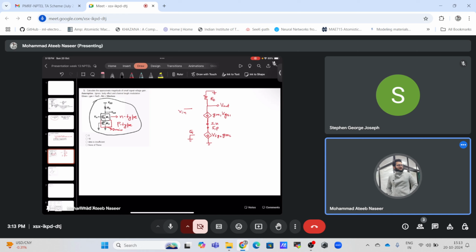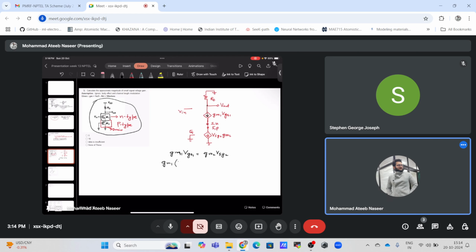So now let us do some mathematical manipulations. Now let's calculate the currents. Since this is a single branch, the current gm1 VGS1 has to be equal to gm2 times VSG2. So what is VGS1?